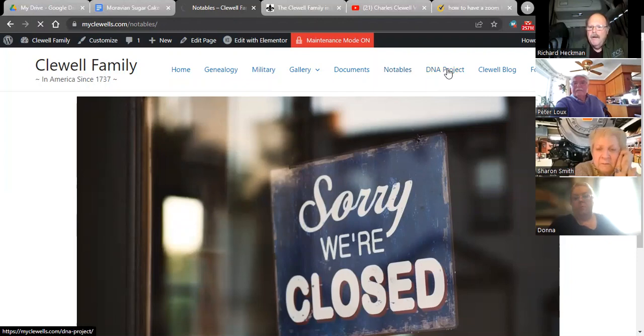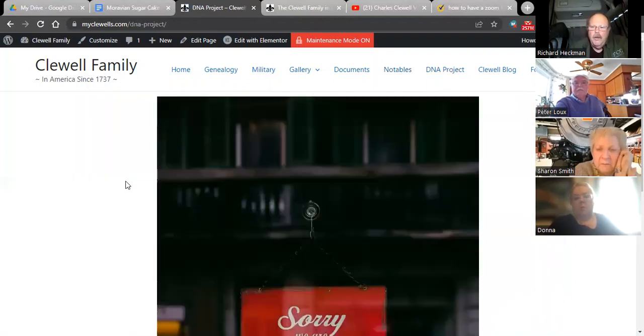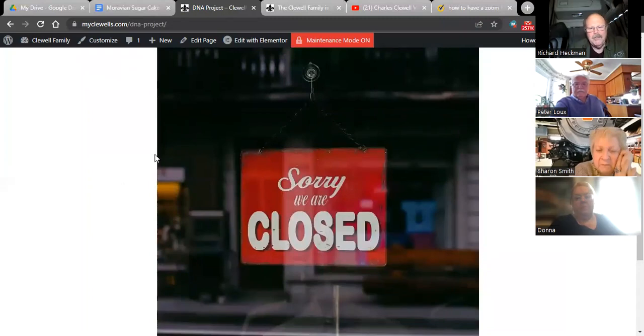Yeah. Next page, the Clewell DNA project. Just as an update, I have 3 of 4 Clewells who are willing to take the test. We have 2 on Georgia's side and 1 on France's.